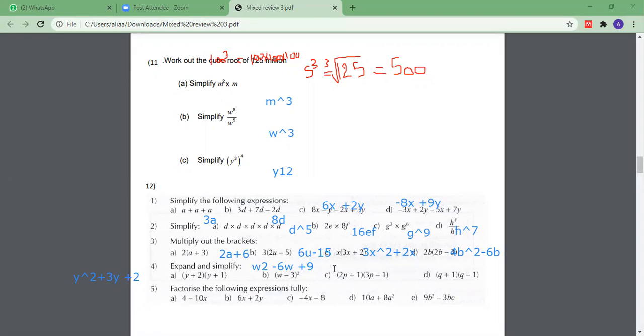Okay, this question will be 2p times 3p, which will be 6p power 2, and then the final will be negative 1.